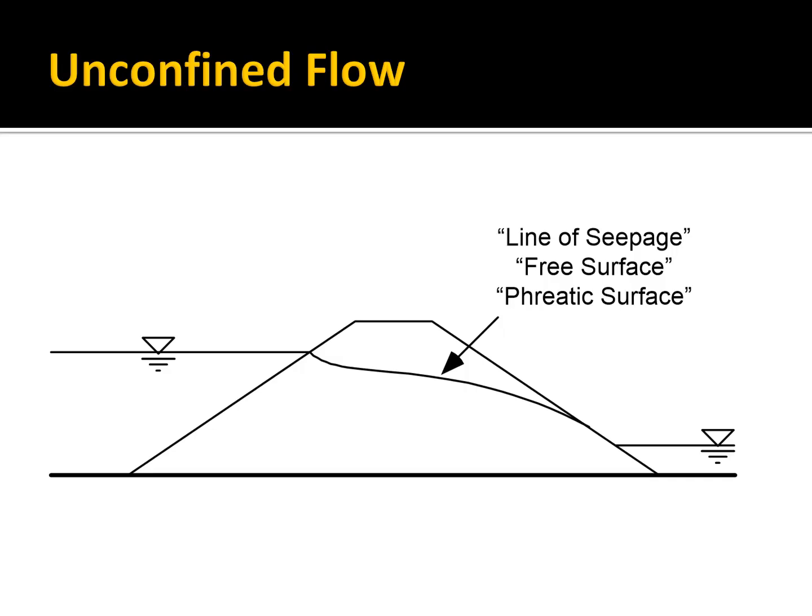Everything that we've shown so far is a confined problem where it's fully saturated. What do you do if you have unconfined flow? Well, unconfined flow problems are a little more challenging. First of all, you have to guess at the location of this phreatic surface, which is the top of your saturated zone as you're going from the left to the right. And you kind of have to iterate.